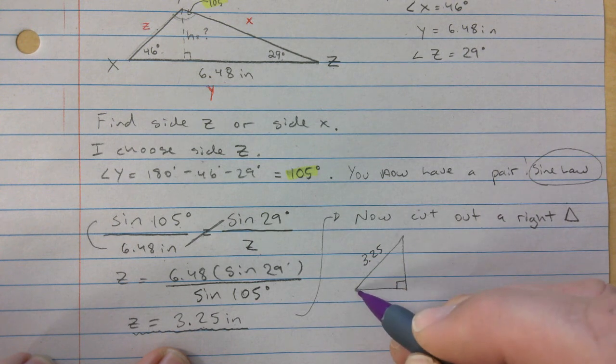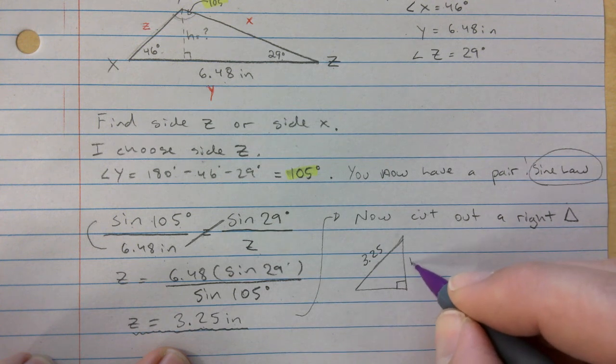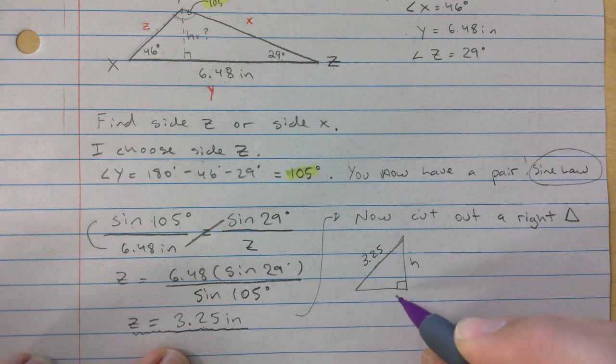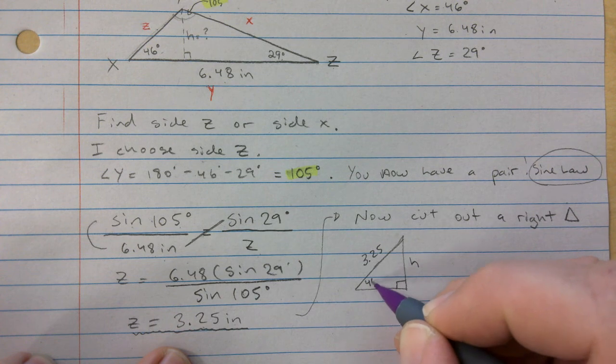So the Z side we just found is 3.25. The height is unknown to us. This is also unknown, okay? Be careful here. This is not 6.48, and it's not 6.48 divided by 2 because it's not an isosceles triangle. So you don't know this, but you do know the 46 here.